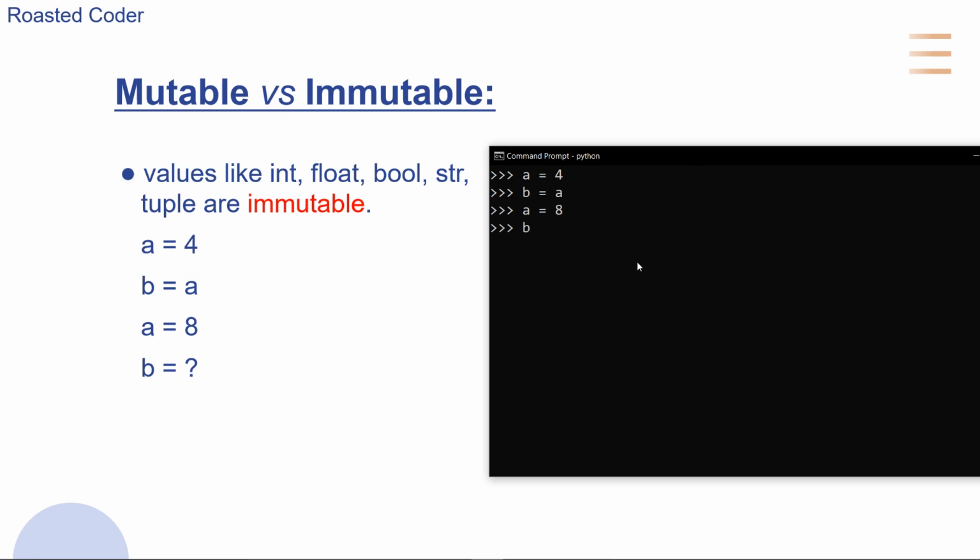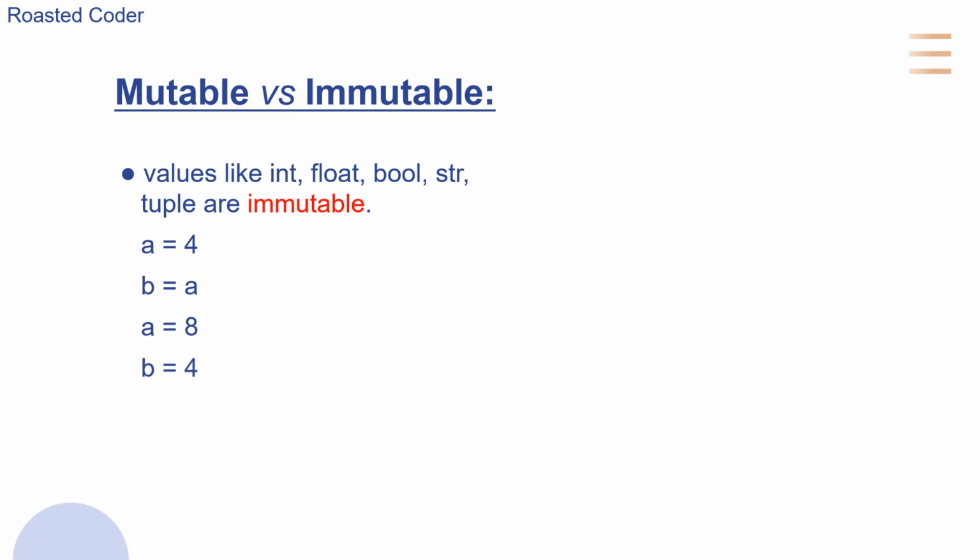If we type b here and hit enter, it will be 4. It won't change with a. So you can see values like int, float, bool, string and tuple are immutable. If we assign a value to another variable and we change the first variable, then the value in the assigned variable will not change. So you can see it's 4 here.